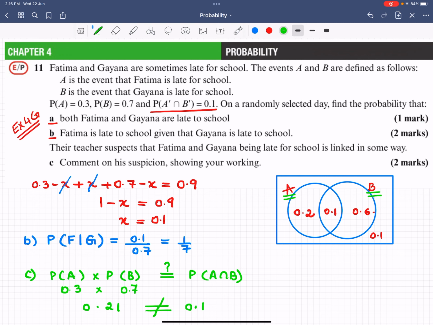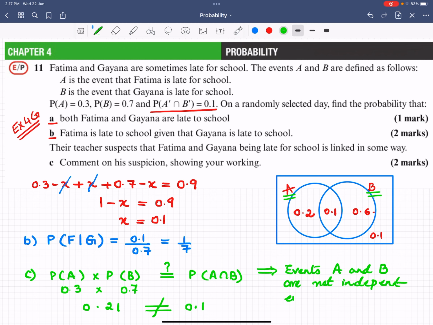Therefore, probability of A multiplied by probability of B is not equal to probability of A intersection B, and this concludes that events A and B are not independent. Events A and B are not independent, which means probability of Fatima being late and Gayana being late are not independent events.